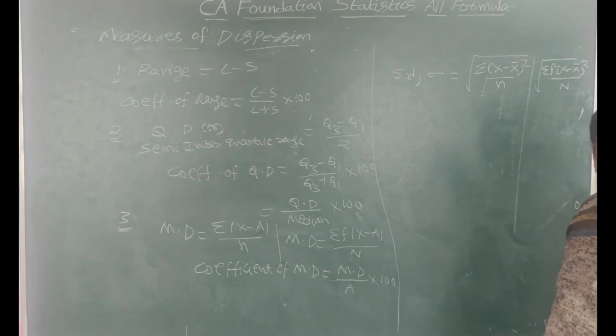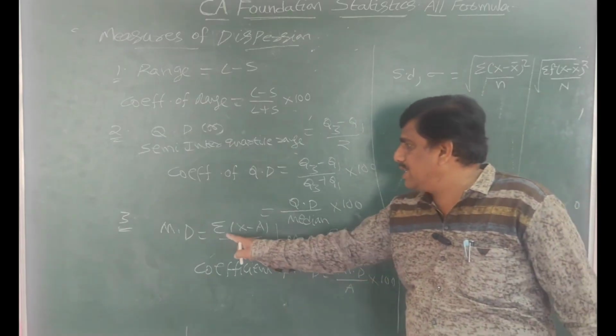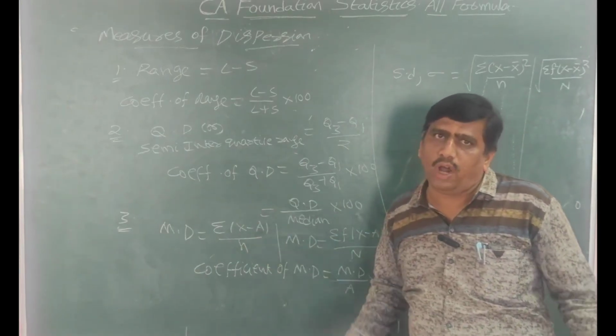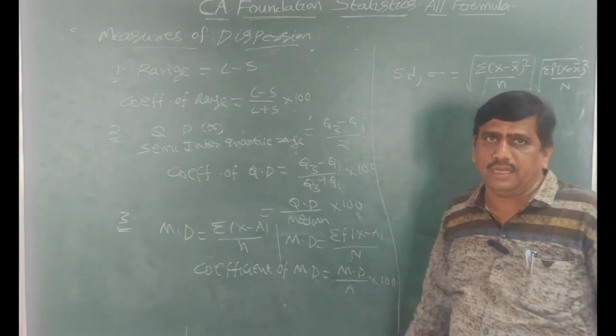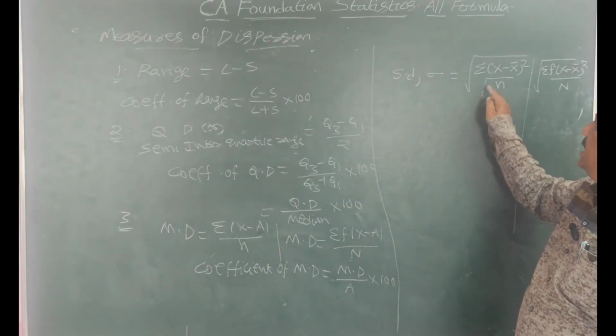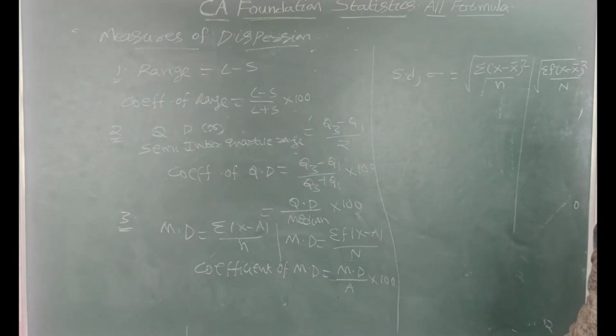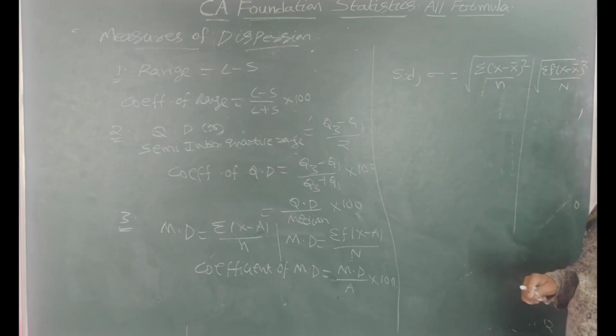For mean in an individual series, summation x by n; instead of x, substitute the absolute deviation mod x minus A, and you get the MD formula. Similarly for SD, instead of x, substitute x minus x bar whole square. The mean formula for frequency is summation fx by n; instead of x, take x minus x bar whole square and take the root to get the SD formula.